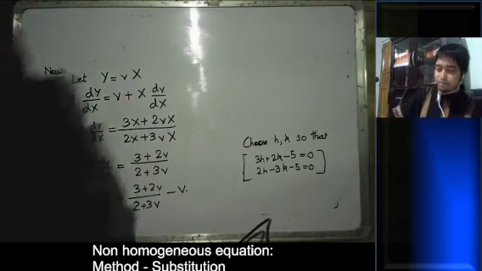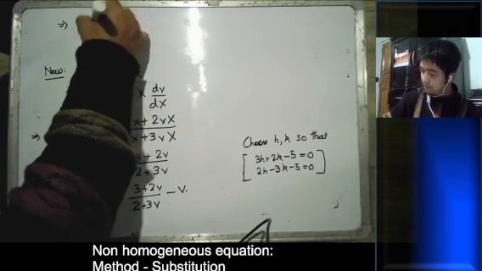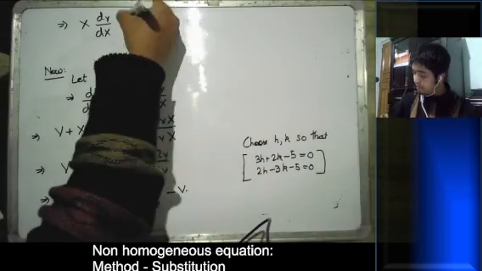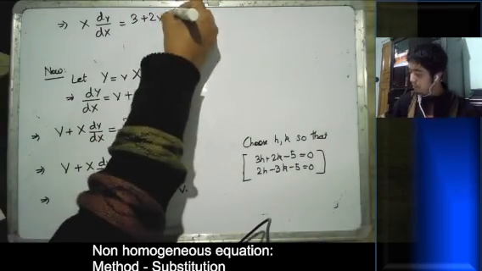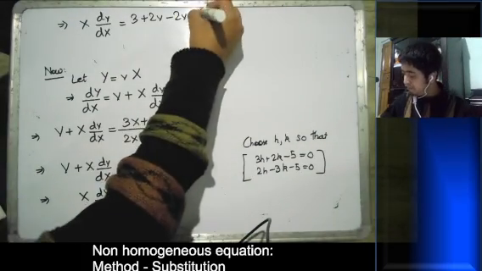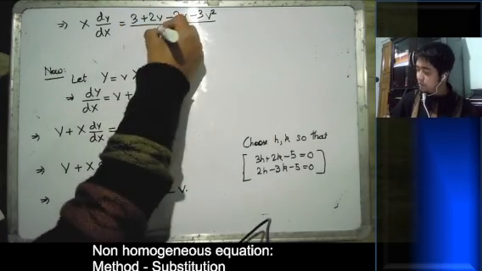Okay, so if we do some simplification, let's see, X dv/dX. Okay, if we subtract, we'll be getting 3 plus 2v minus 2v minus 3v square, divided by 2 plus 3v.